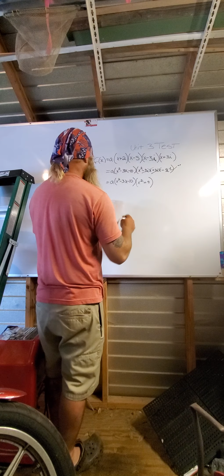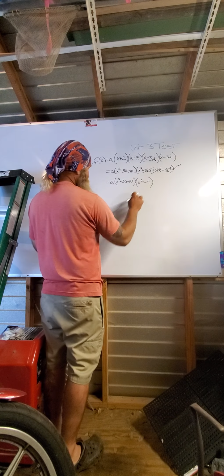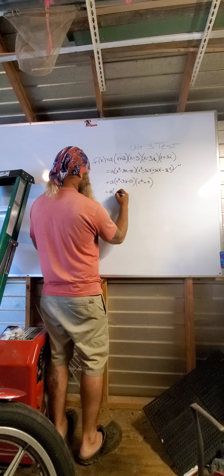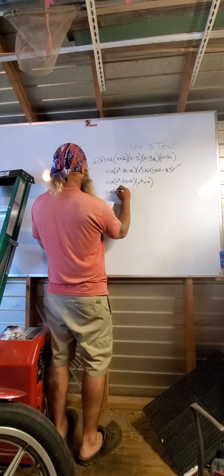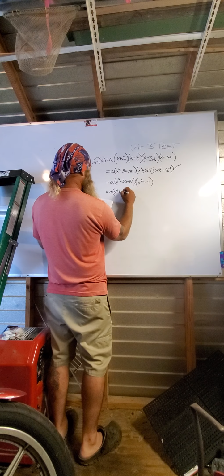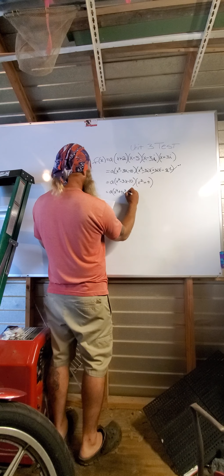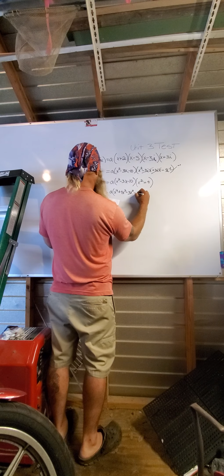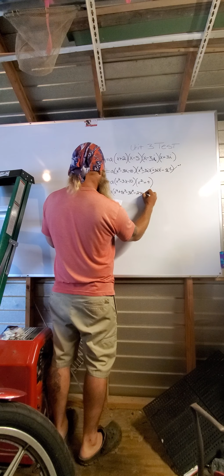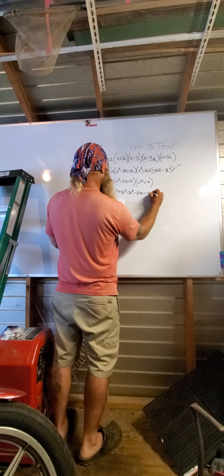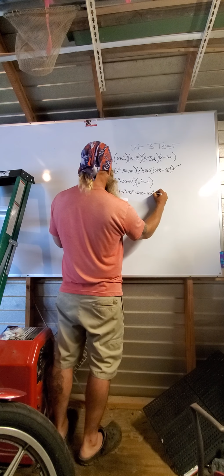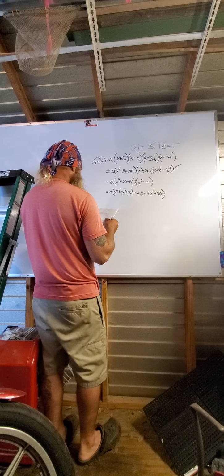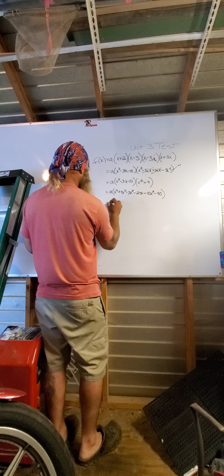At this point, we're going to FOIL basically. x to the 4th plus 9x squared minus 3x to the third minus 27x minus 10x squared minus 90.